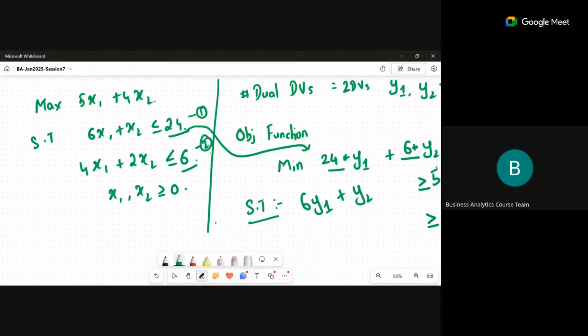Okay, what is the hack that you used? What is the shortcut that you used? Where does this 6 come from? Where does the 1 come from? Where does the 5 come from?